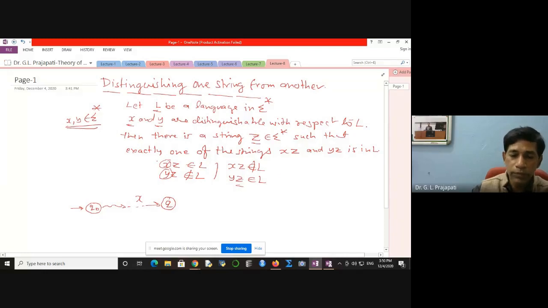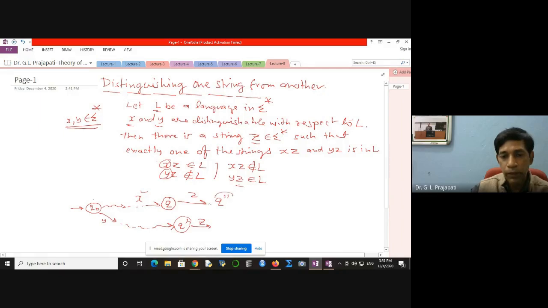So on receiving the string X from the initial state q0, your FA goes to the state q, and for the other input Y, on receiving the string Y, your FA goes to a different place, say q dash. And if you then submit some string Z, your FA goes to some state, say for example q double dash.